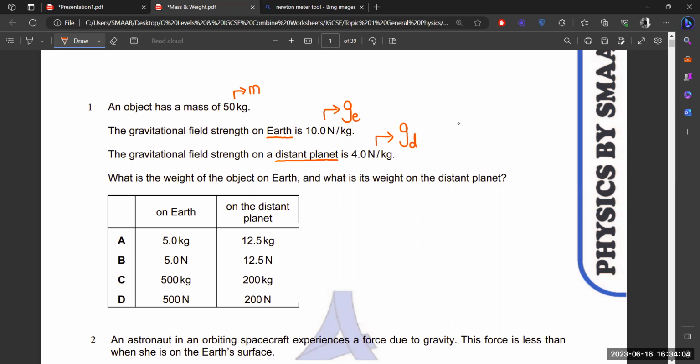So basically they are asking you for two things. What is the weight of the object on Earth? And the second question is, what is its weight on the distant planet? So you need to find two weights, right?